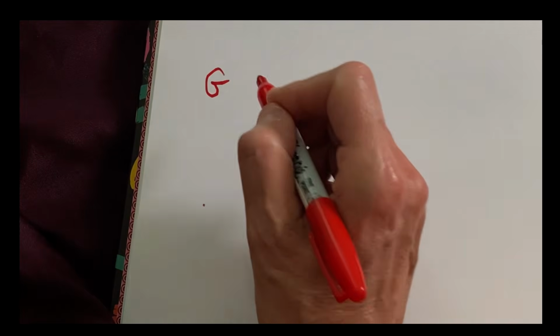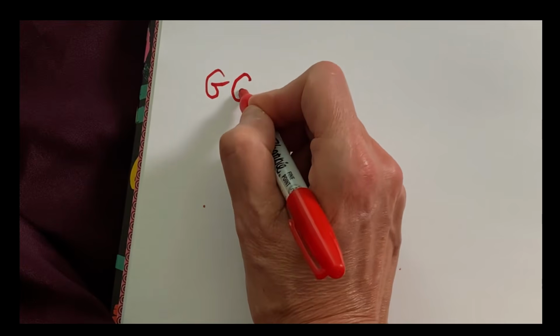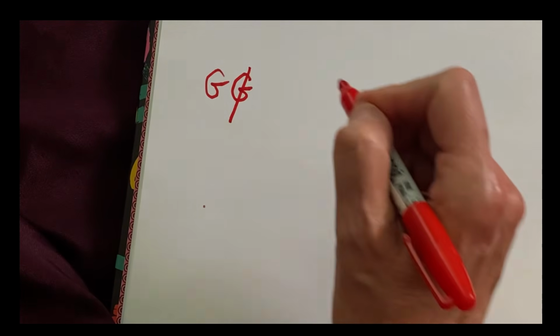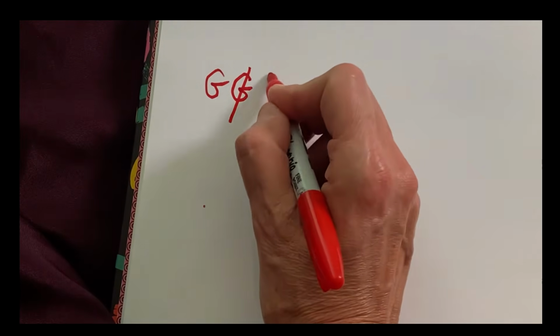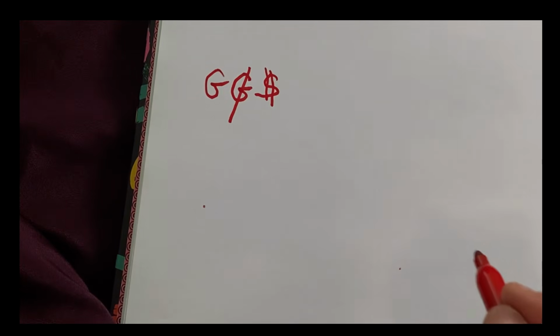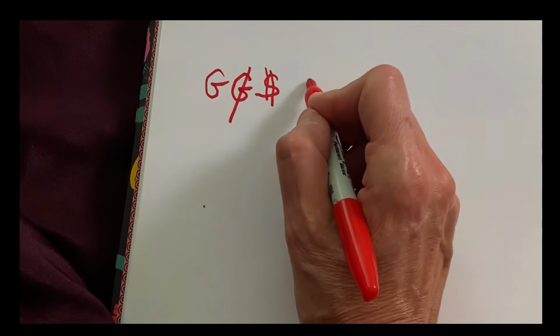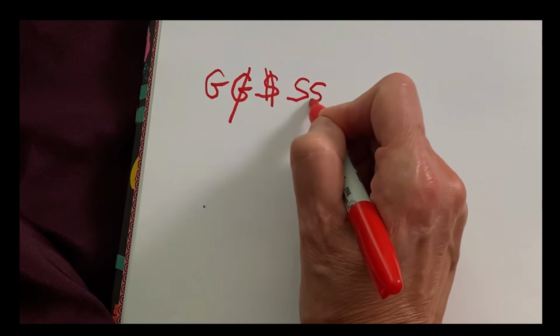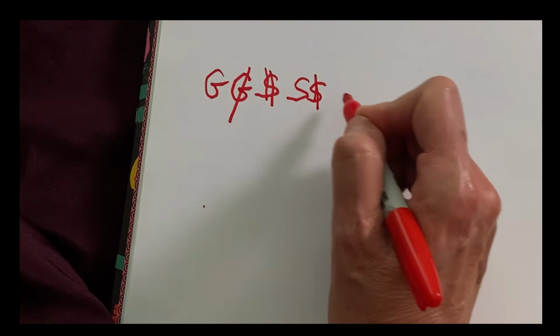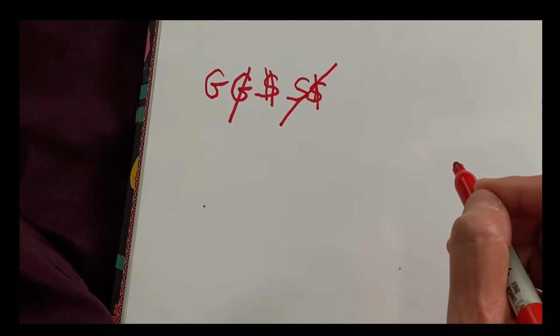Here are some legal symbols. Let's start with guilty. And using a slash helps to show the opposite. Not guilty. A dollar symbol means bail. It could also mean bond. Some people get a secure bond. Some people get an unsecured bond.